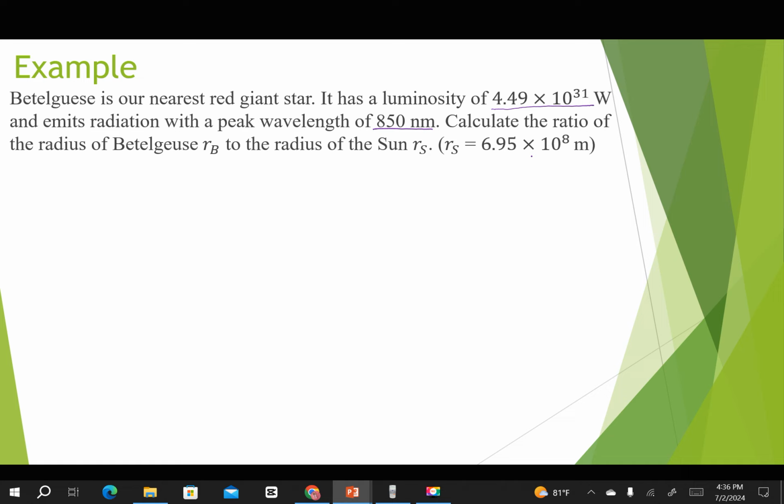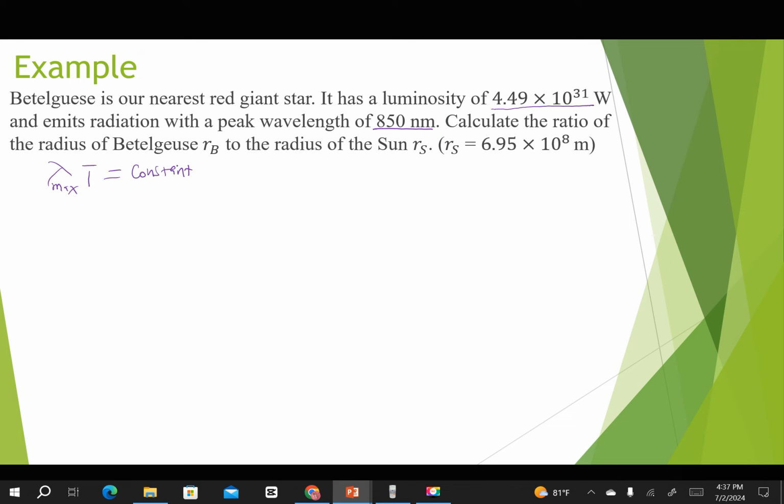So remember we said we can use Wien's displacement law to find the surface temperature of the star. And since the luminosity is known, we don't need to use the radiant flux intensity. So using Wien's displacement law, we know that lambda max times T is going to be equal to a constant.